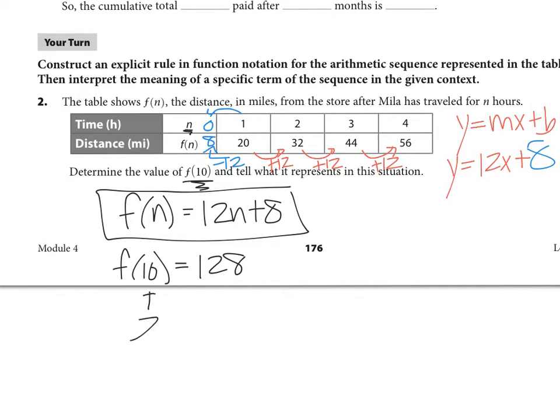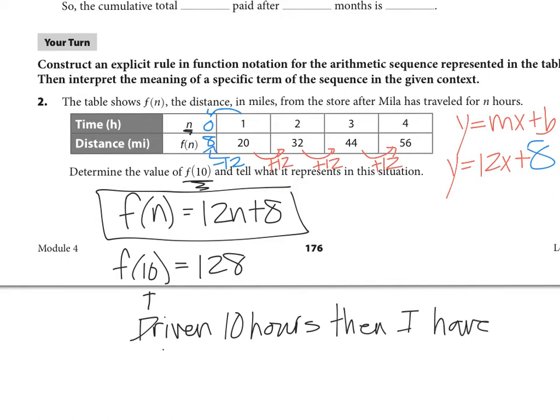Okay, so what that means is, in the context of this problem, when I have driven 10 hours, then I have gone what? This represents distance in miles from the store after Mila has traveled for n hours.